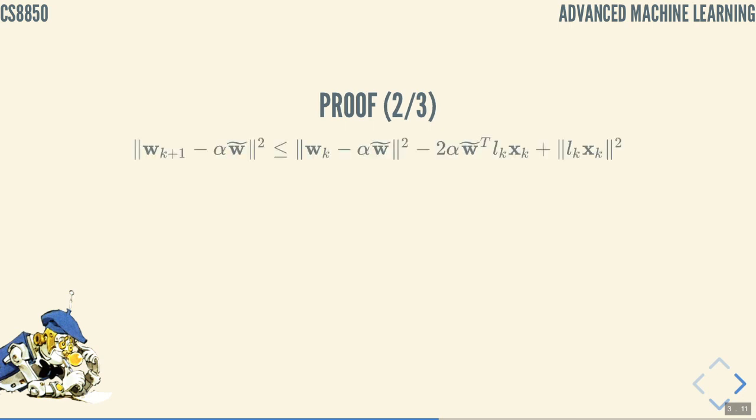So we established this so far, that w at the next iteration minus a scaled version of our solution w, the distance or the length of that vector is less than or equal to this number, and it's a scalar number.